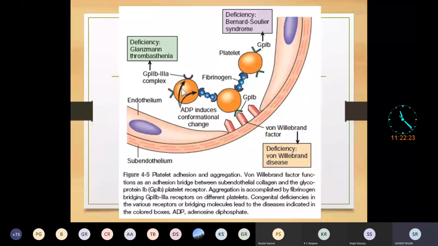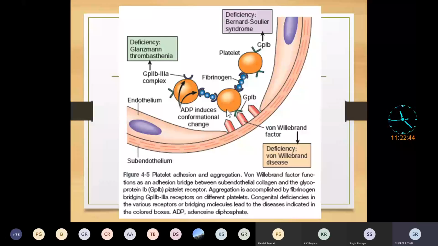Whenever there is a breach in the endothelium, due to trauma or even in some inflammatory conditions like sepsis, there will be endothelial activation. After the trauma, there will be exposure of the subendothelial collagen, where von Willebrand factor resides in the subendothelial area.